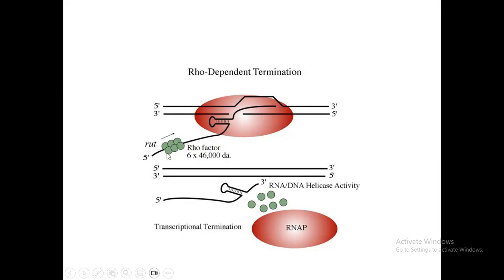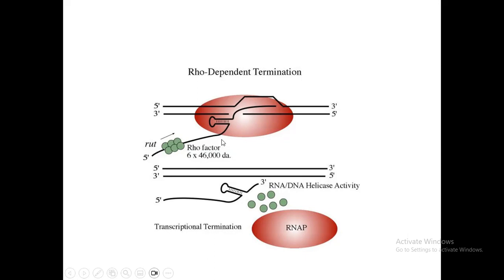So rho factors will basically polymerize around these sequences. Six subunits of the rho factor will polymerize, and it is basically a hexamer. So once it has polymerized, it can make use of ATP dependent helicase activity.